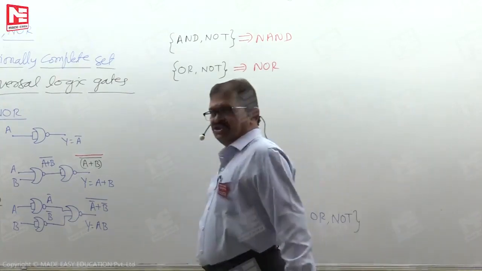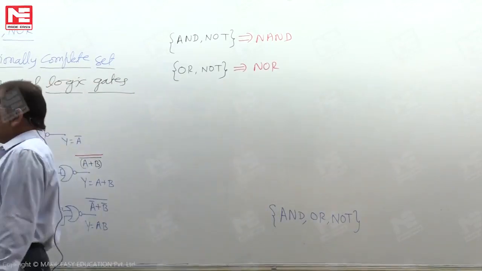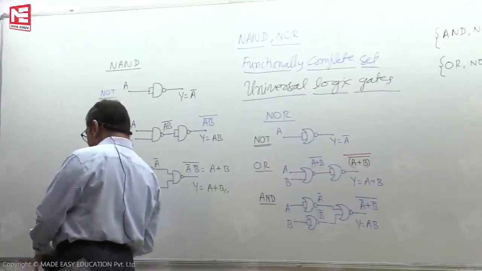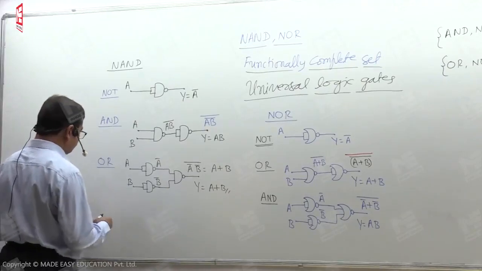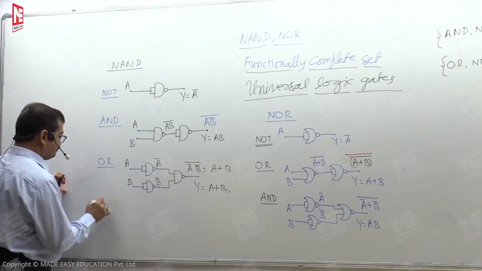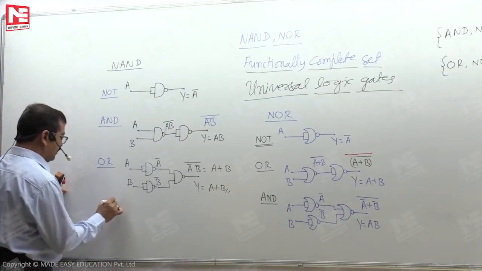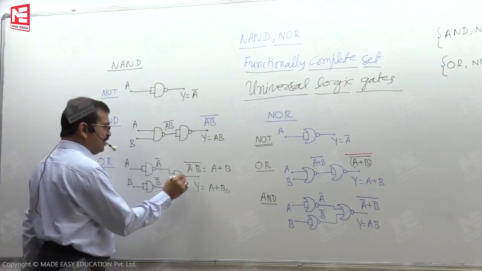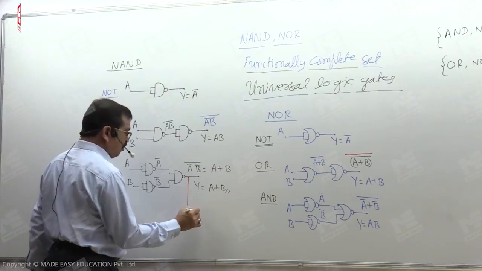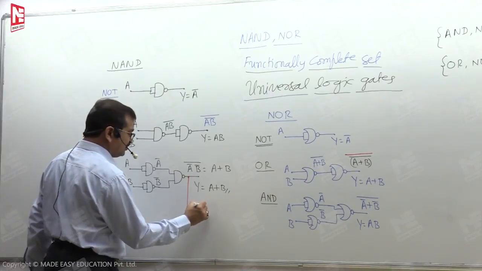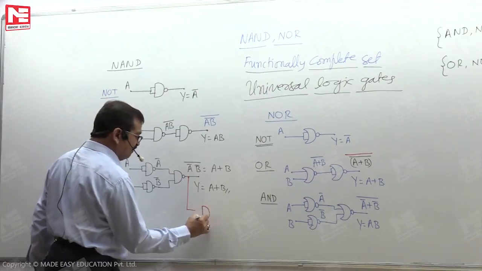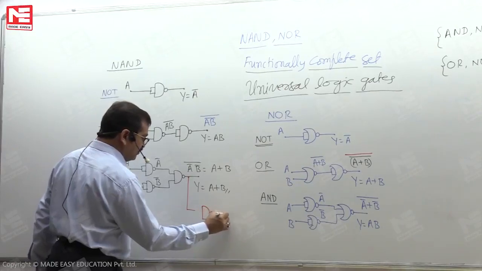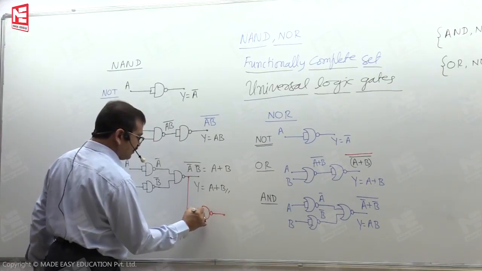And from this you can see, by using NAND gates, if we are interested to realize the NOR gate operation, we use this OR operation as it is, and one more gate as an inverter.